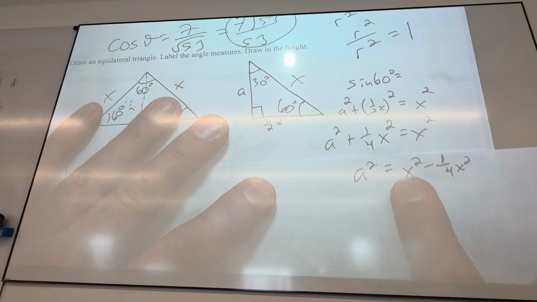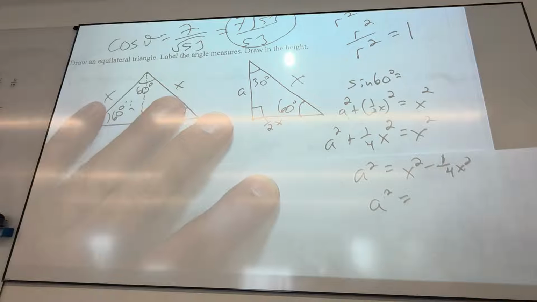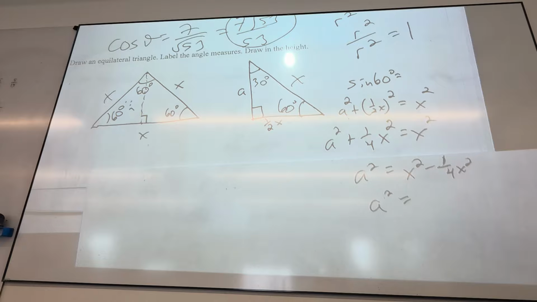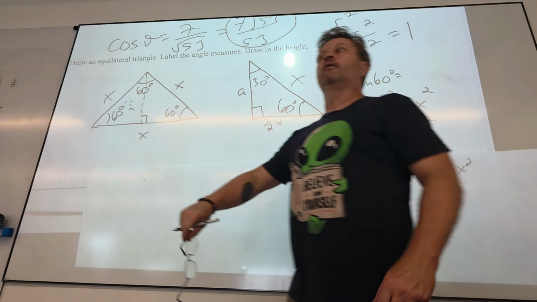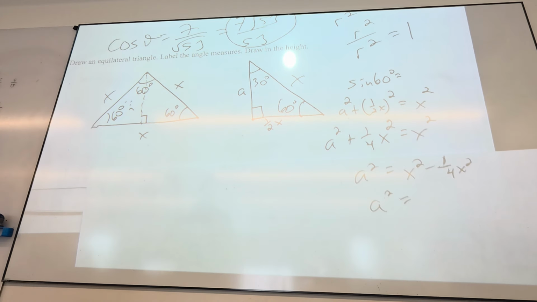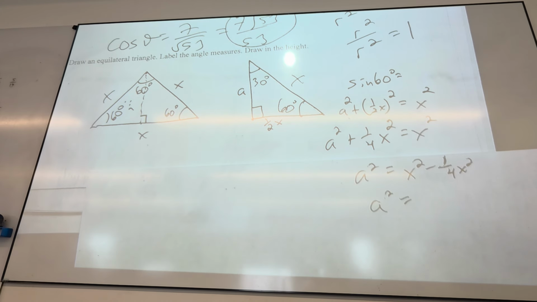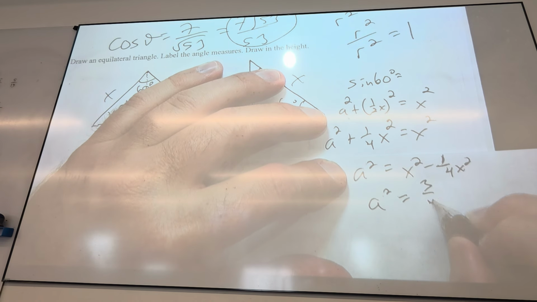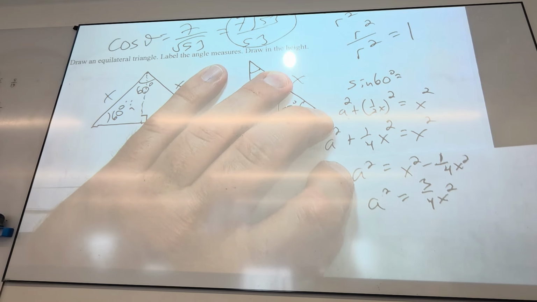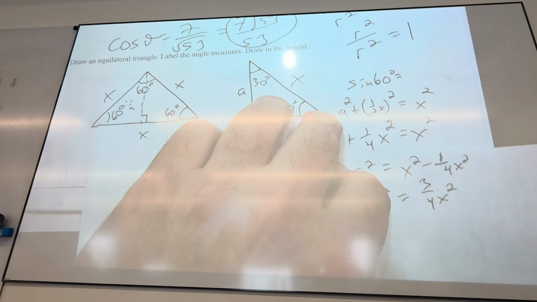A whole x squared minus a quarter of an x squared is what? What's a whole minus a quarter? 3/4. Yes, a dollar minus a quarter is 3/4. So this will be 3/4 x squared. By the way, this is nothing you ever have to do yourself. I might put a bonus problem or something.